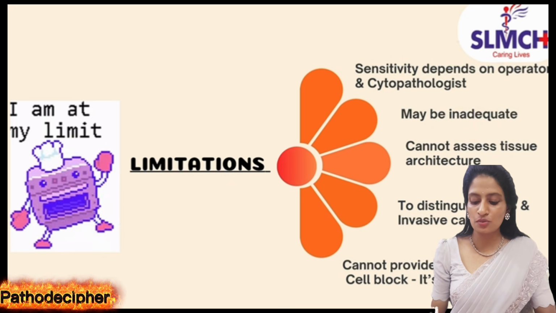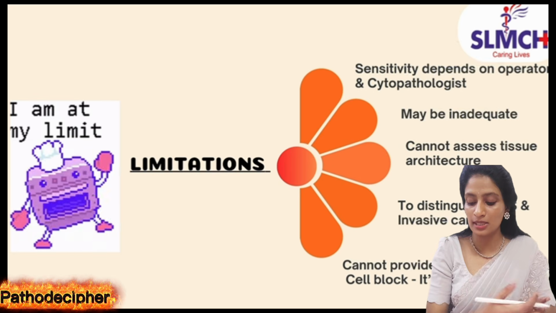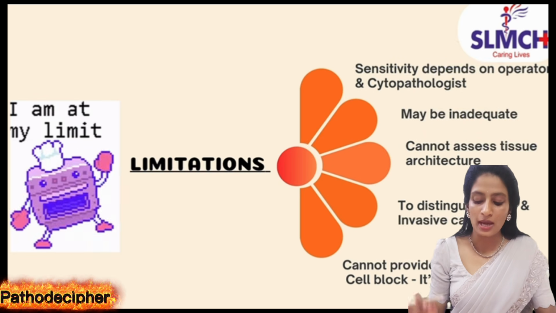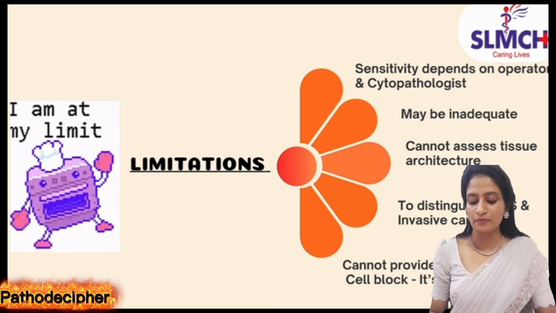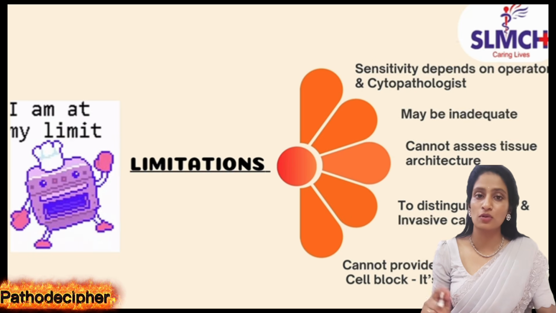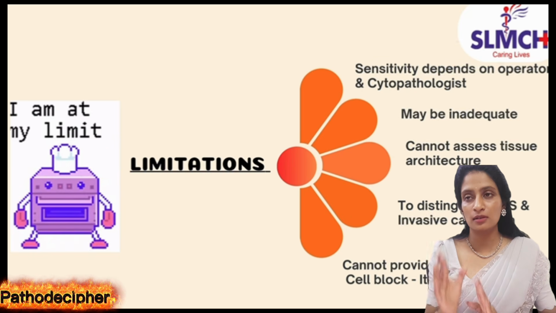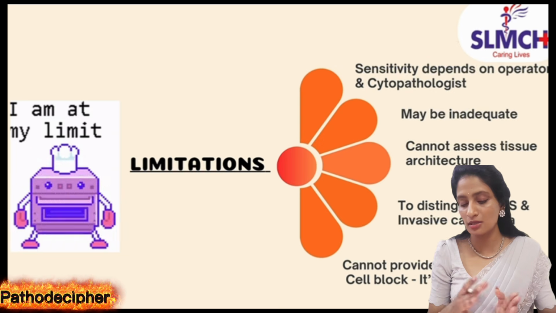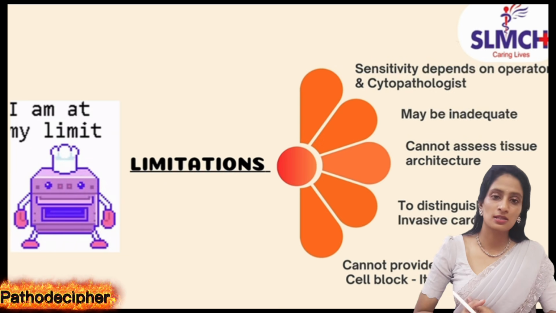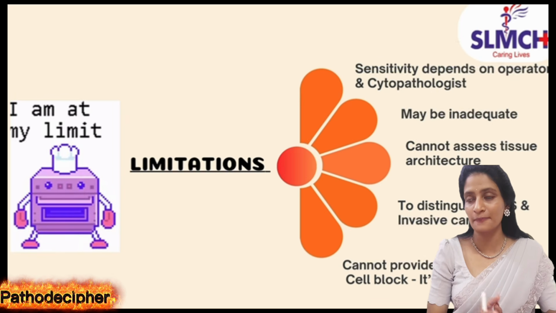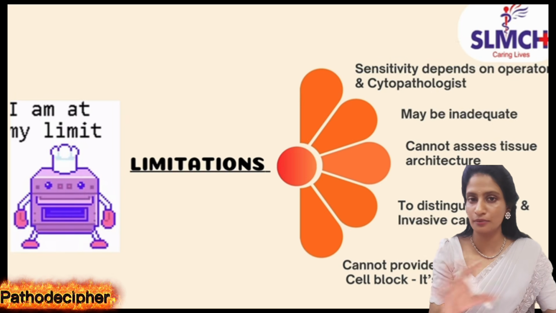They usually cannot distinguish between DCIS, that is ductal carcinoma in situ, and invasive carcinoma. That is also one of the most important key features. They cannot provide receptor status, because we cannot do ER, PR and hormonal studies on these slides. If a cell block is done, we can see the ER, PR and everything, and the tissue architecture can also be a little bit enhanced.